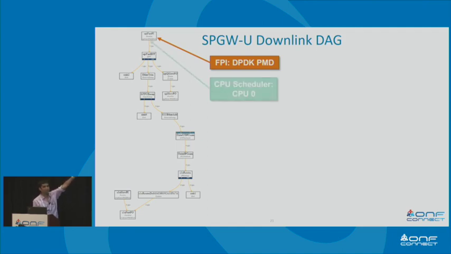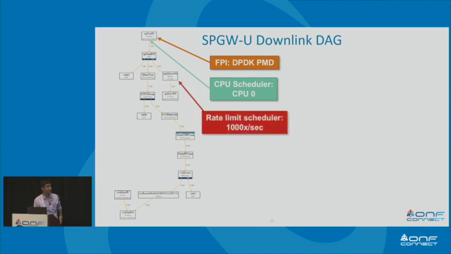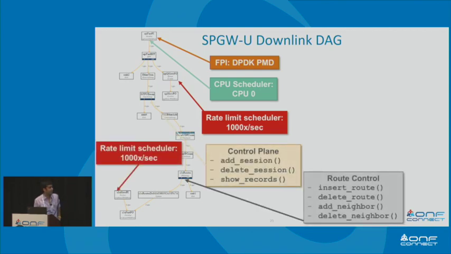I think the fonts are not visible, but I can tell you verbally: the interface module that is accepting traffic is based on the DPDK poll mode driver. Then we have pinned that module to CPU 0. We are rate limiting the slow path to this metric. And finally, the modules can be controlled using a controller which has these sets of function calls.